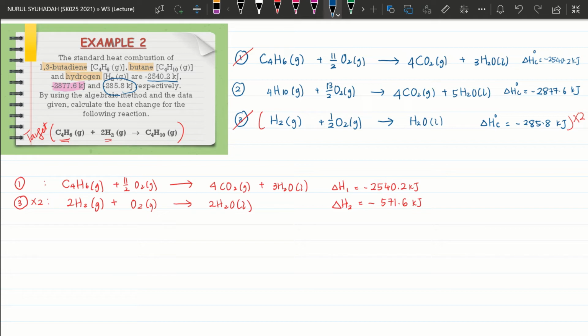Okay, the next part is C4H10. On the target equation, C4H10 is on the product side, but on our thermochemical equation here, it's on the reactant side.